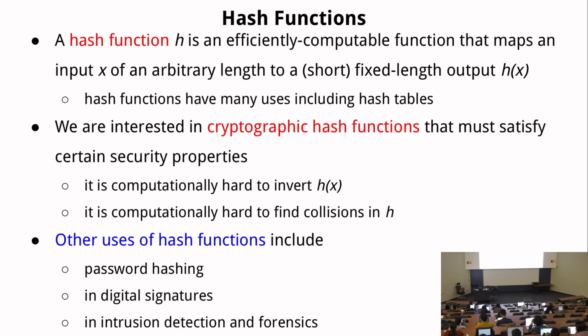We use hash functions for password hashing, in digital signatures, and in other things. Every one of us has so many passwords, so many accounts on different websites. How it works is you log in to a website, you type a password, let's say a text-based password, and the website will hash your password. The website is not supposed to store the plain text of a password. Why?